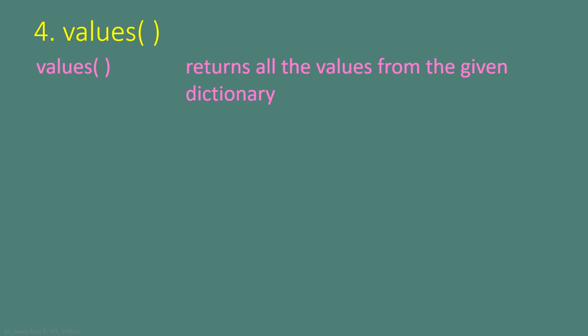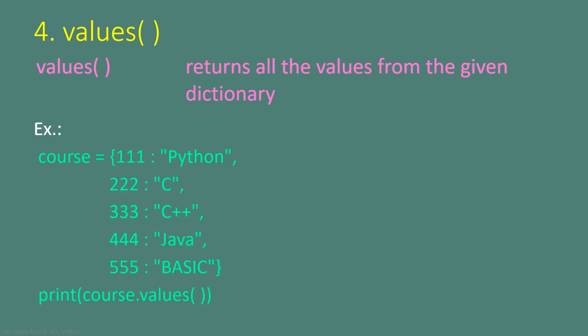Values. This is a method which will return all the values from the given dictionary. Let's consider the same example, course dictionary with 5 elements, 111, 222, 333, 444, 555 as keys, Python, C, C++, Java, Basic as values.